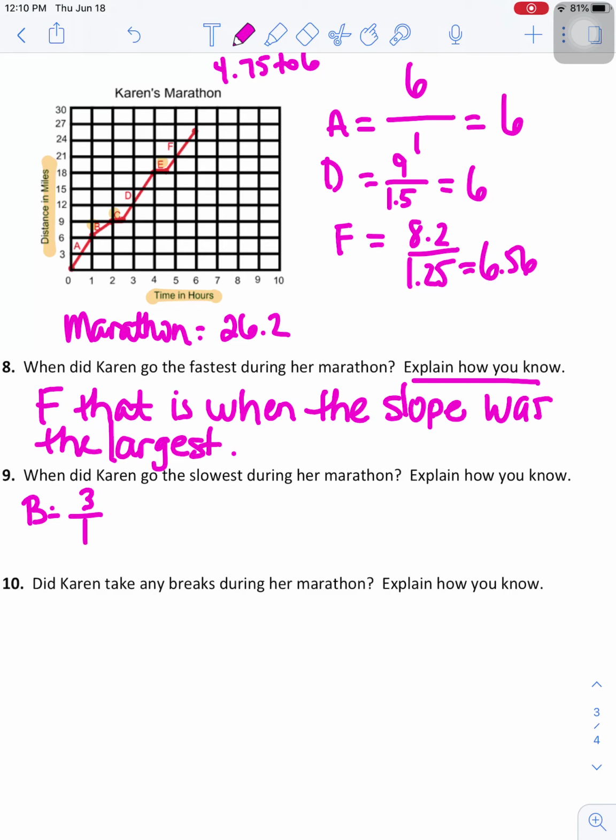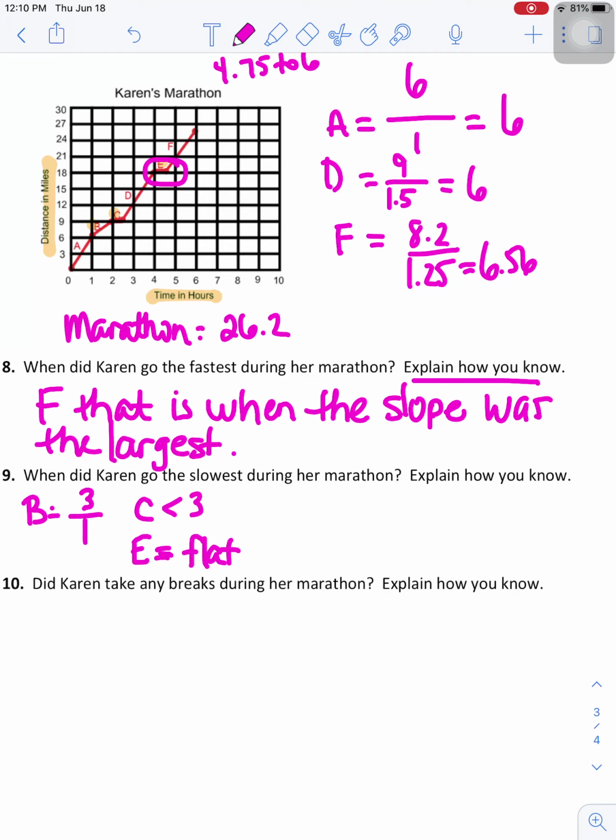If you look at C, it definitely looks like there was an incline in the number of miles over the time. So she did go up a little bit, and we would say that's definitely less than 3. And then if you examine E, it looks like her distance didn't change, but the timing changed. So at E, it was totally flat.